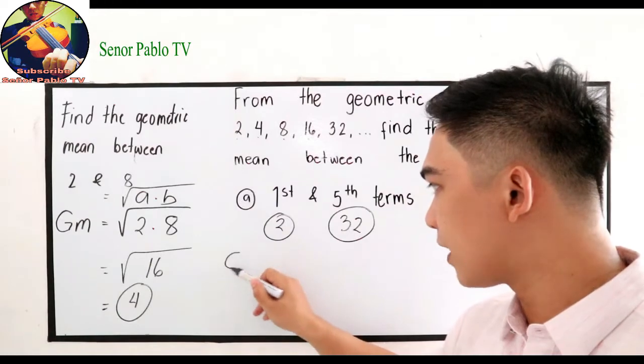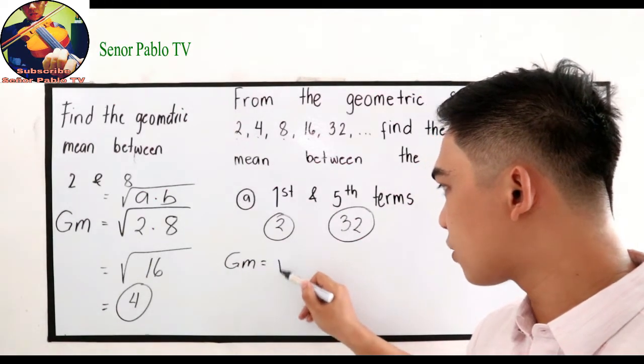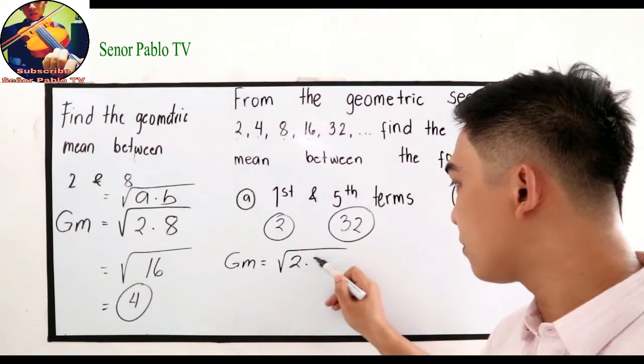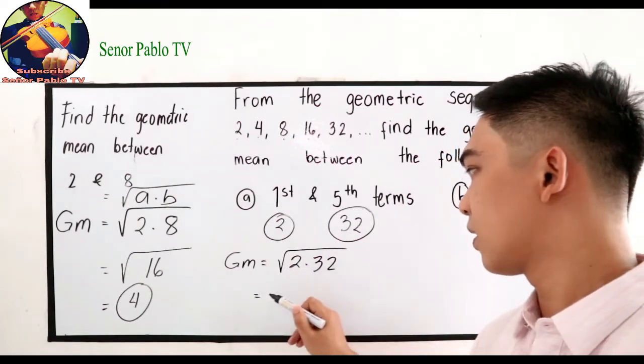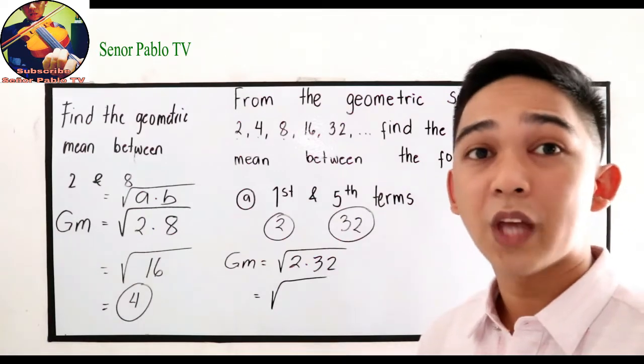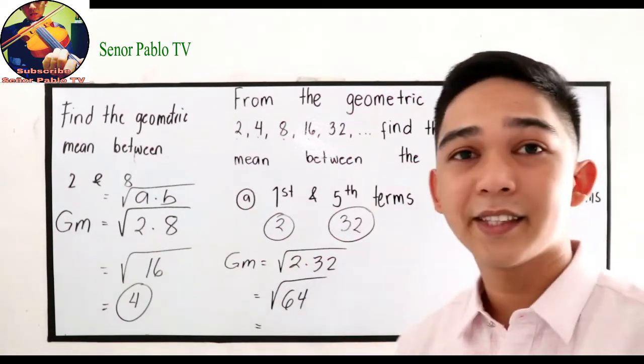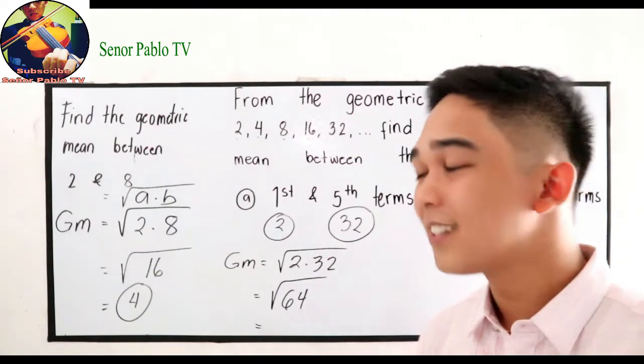So, geometric mean is equal to the square root of the two terms. Multiply 2 times 32. Square root of 2 times 32, 64. And square root of 64, that is 8.